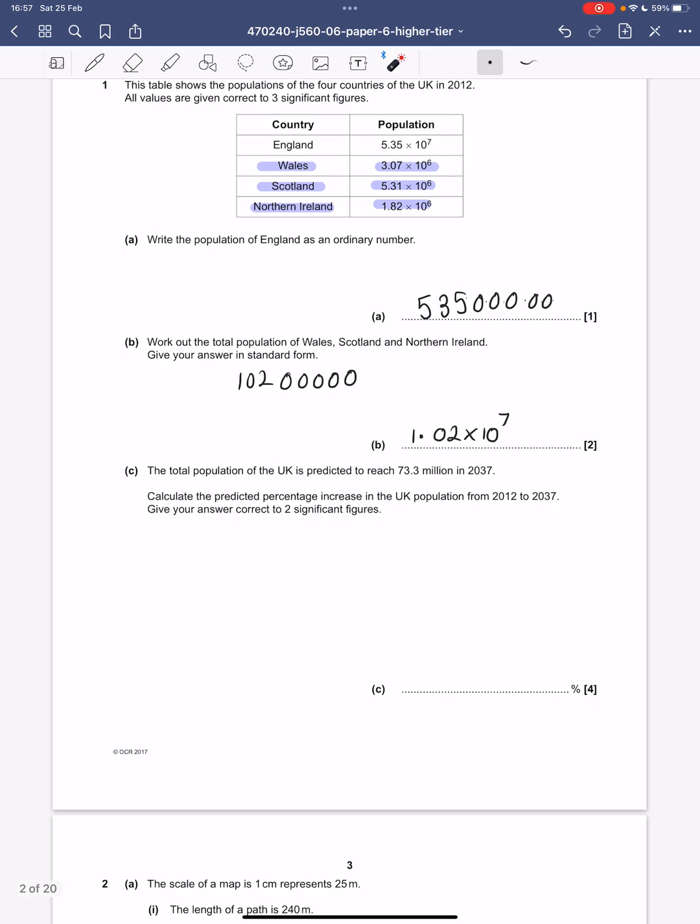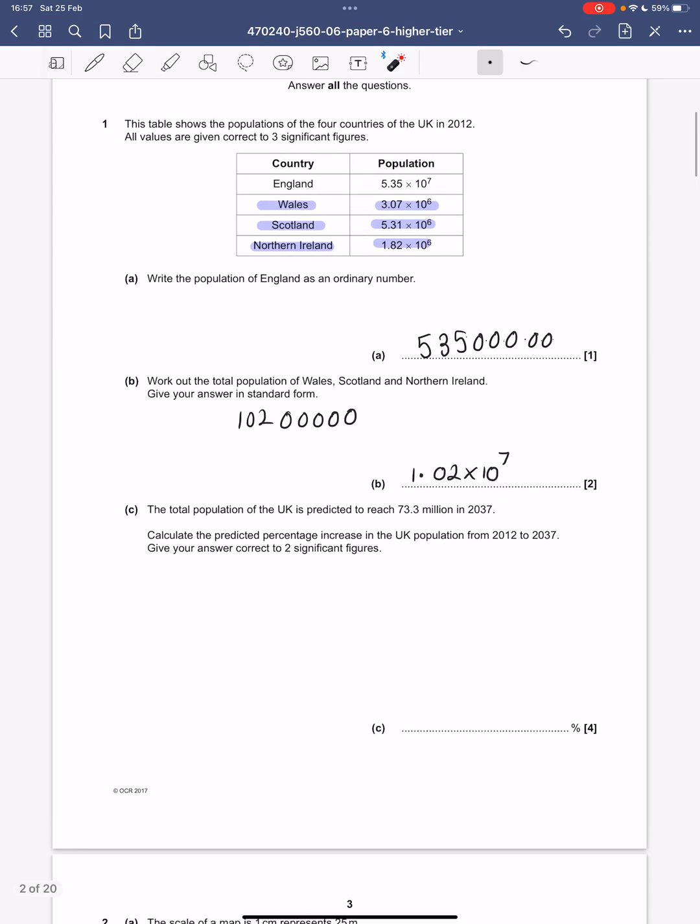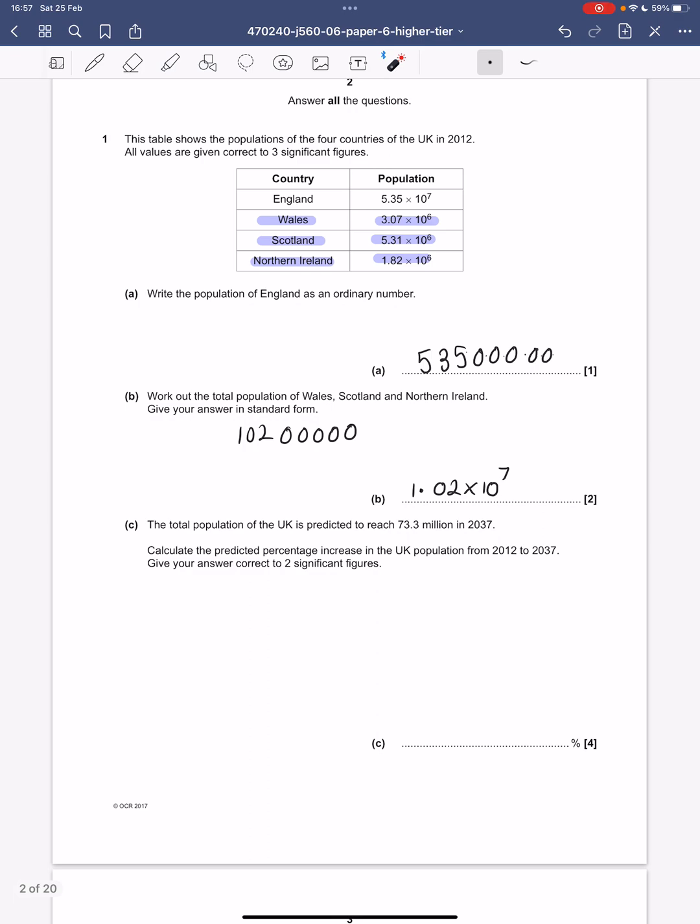Total population of the UK is predicted to reach 73.3 million in 2037. Calculate the predicted percentage increase in the UK population from 2012 to 2037. Give your answer to 2 sig fig. Okay, so 2012, the total is going to be 5.35 times 10 to the 7 plus your answer from part B, because that's England on top of the Wales, Scotland and Northern Ireland.